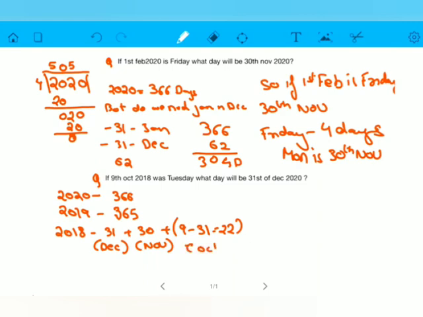That is October. So now we have 31 plus 30 plus 22, which is 83. Now we have to add 366, 365 and 83 together.